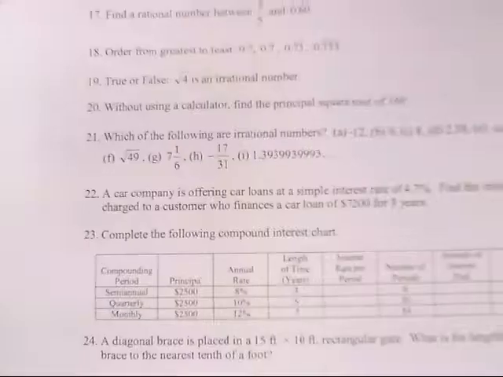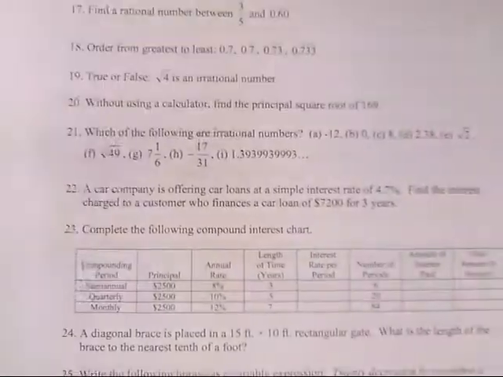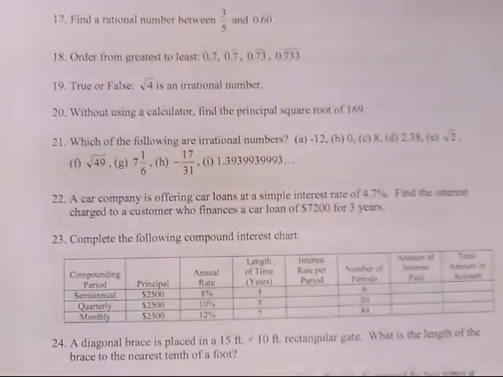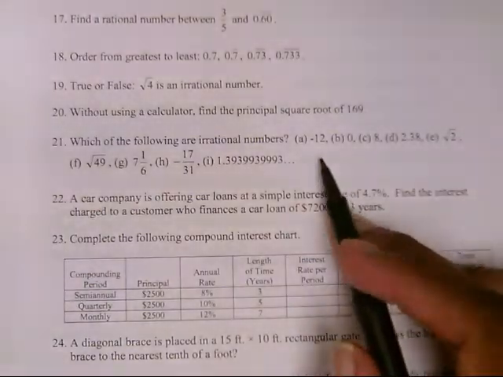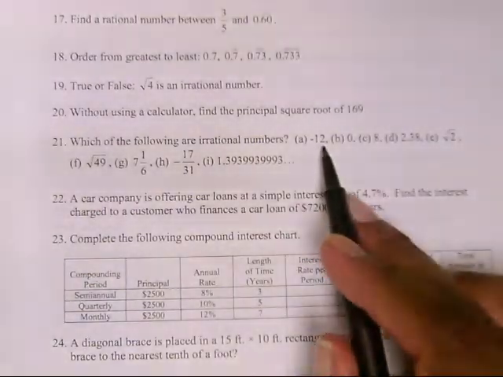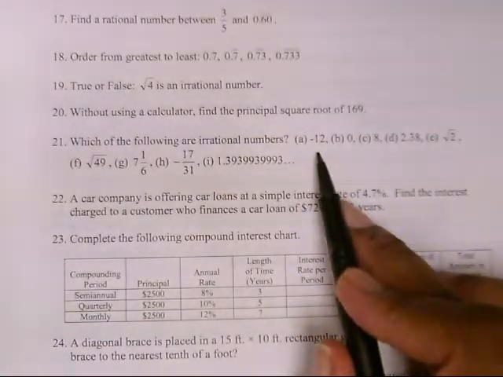Alright, number 21. Which of the following are irrational numbers here? So here you have to select which one of these numbers will be irrational. Those are, of course, non-terminating, non-repeating decimals. So if we go through each one of these, negative 12 is a rational number.